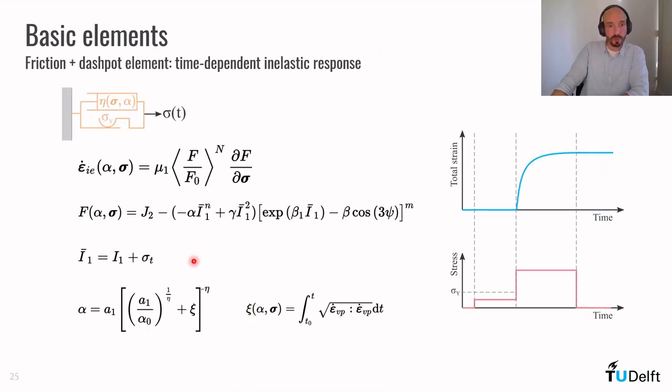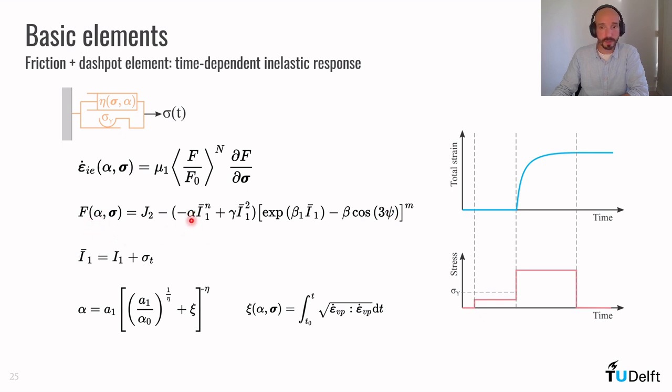So we have I bar, n is another material parameter, gamma, beta 1, beta, m are all material parameters, and this function also depends on the Lode angle, which defines the stress condition, if it's tensile or compressive or whatever. So it depends on stress, and it also depends on this hardening parameter.